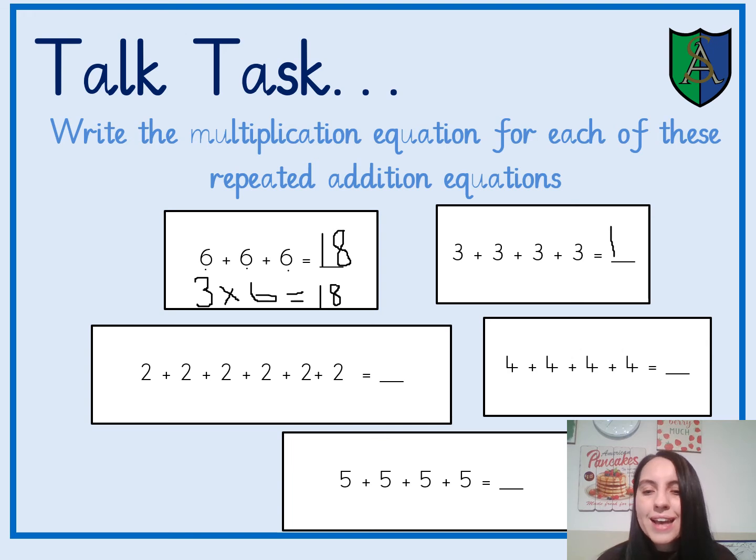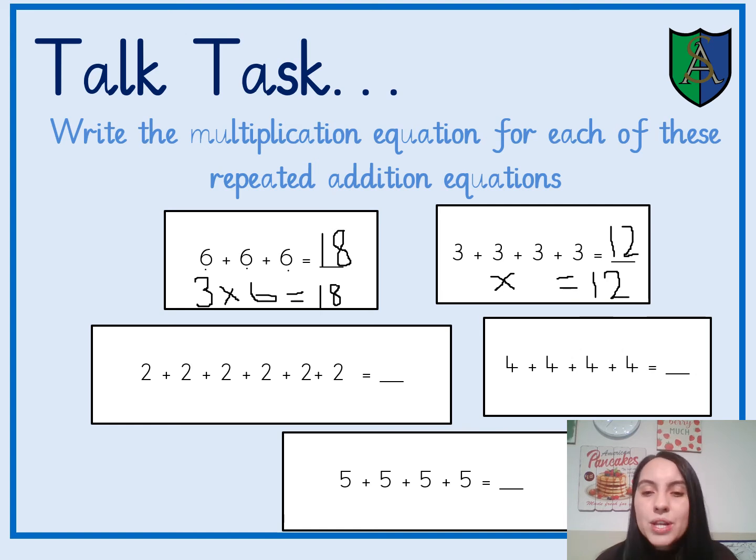Okay, so I'm going to go ahead and write the answer in there. And now we need to write the multiplication equation. I'm going to put my symbols in first. And I know that the answer is going to be 12, so I'm going to pop that in as well.